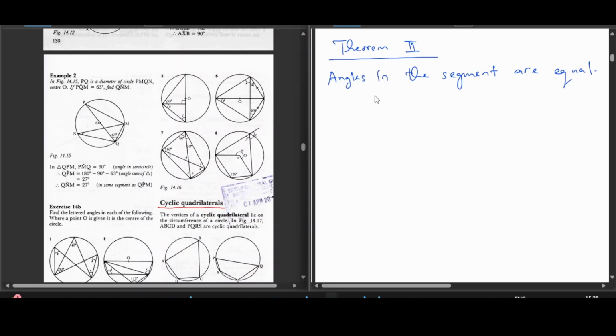An example here is we have a circle, then we have a system like this, our center like this. Angle ino-ish, let us call it A, and this angle B. Angle A is going to be equal to angle B because they are inside the same segment.